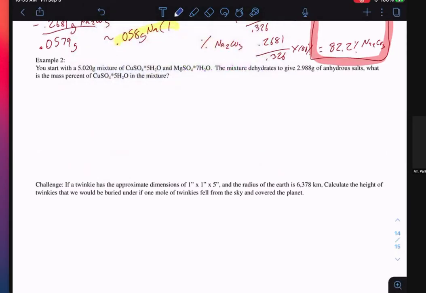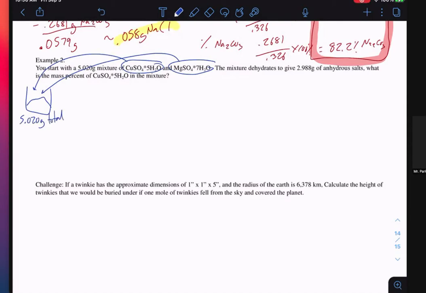We have a mixture of hydrates, of copper sulfate hydrate and magnesium sulfate hydrate. Just imagine you got a beaker or a crucible or whatever. It's got the two in there. You do know the total mass is 5.020 grams. You do not know the proportions.